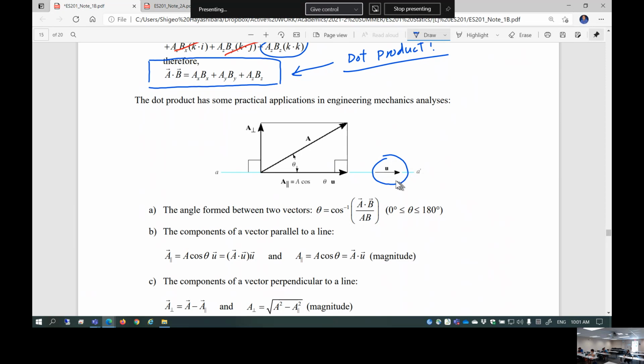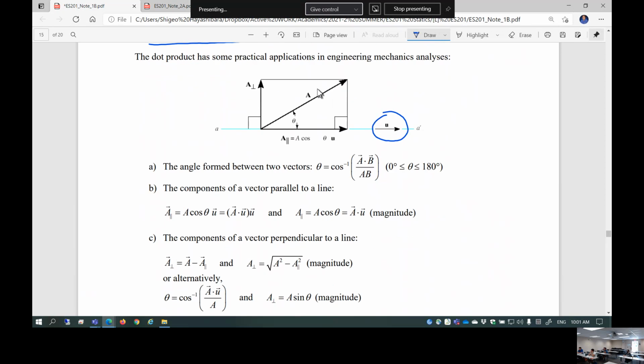In order to do that, you probably want to pick up a component of this vector A lined up with line A prime, and then turn that vector into a unit vector by dividing by its magnitude. Right? Then you find the unit vector. That unit vector is going to be a vector of magnitude 1, and its direction is lined up with the A prime line.